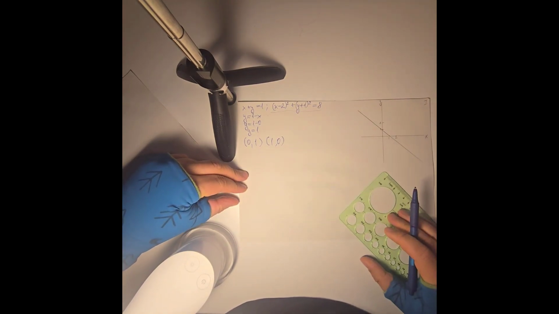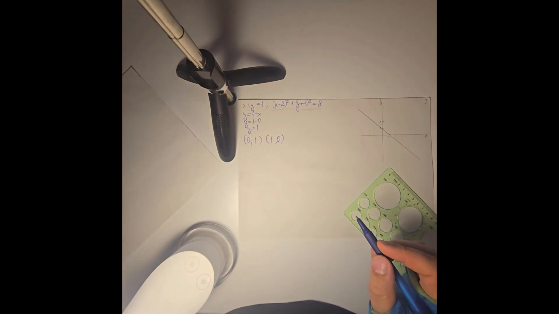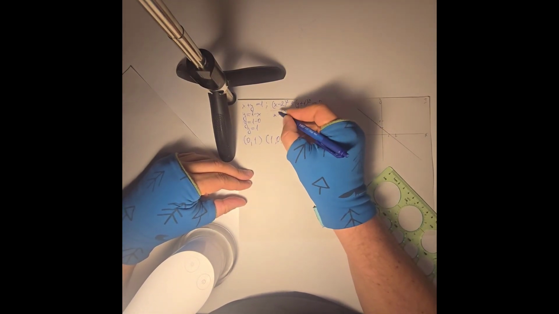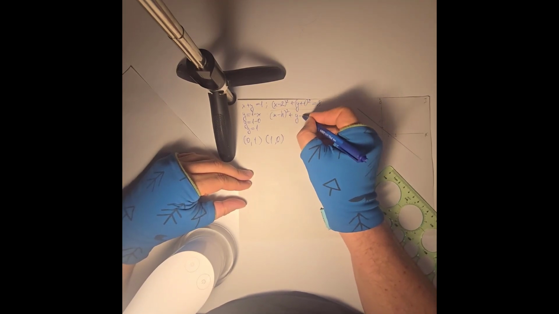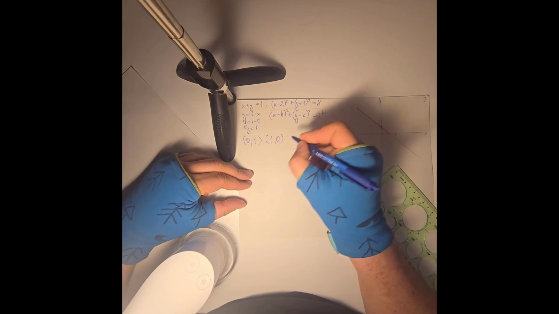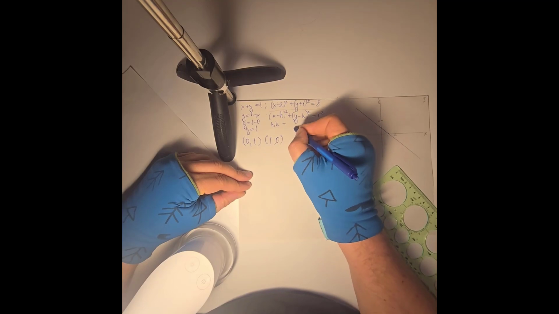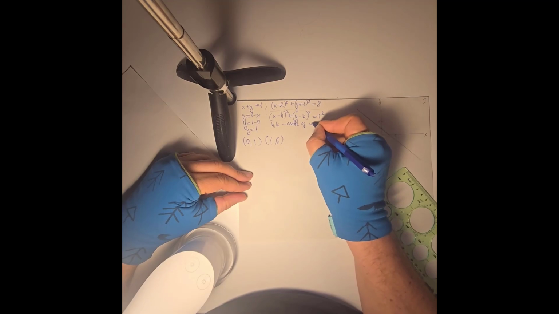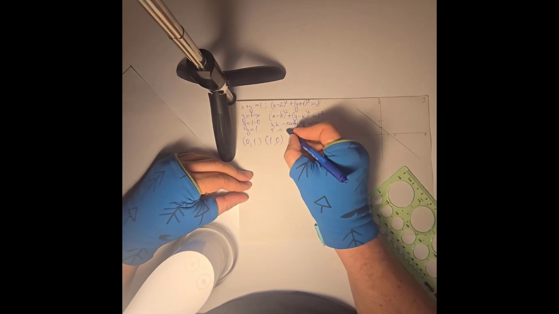Well, it really looks like the standard circle equation: (x minus h) squared plus (y minus k) squared equals r squared. In this case, h and k are the center of the circle, and r, not r squared, is the radius.